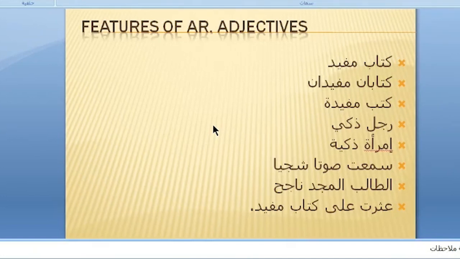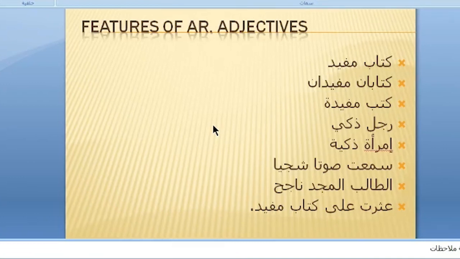So كتابان مفيدان, we can say two useful books. So the adjective useful does not change, ما تغيرت. In the first, كتاب مفيد, we said a useful book. كتابان مفيدان, we said two useful books.